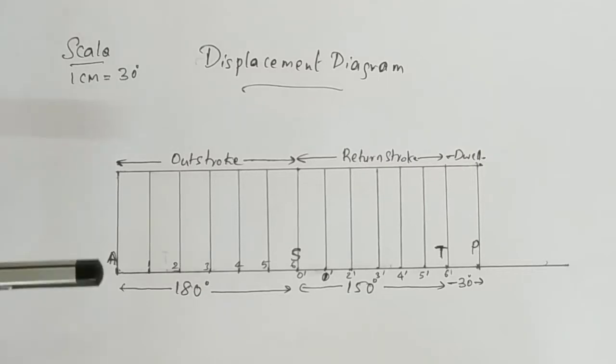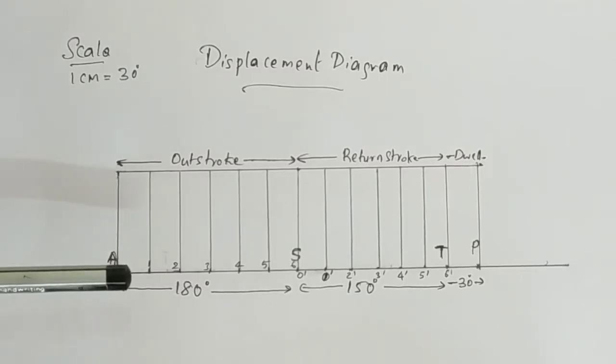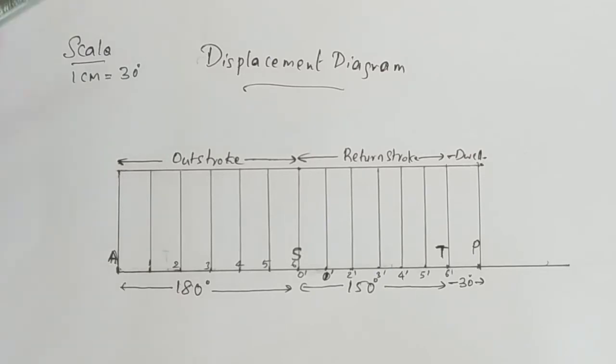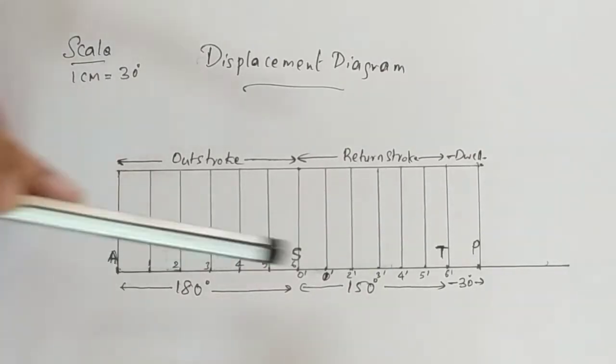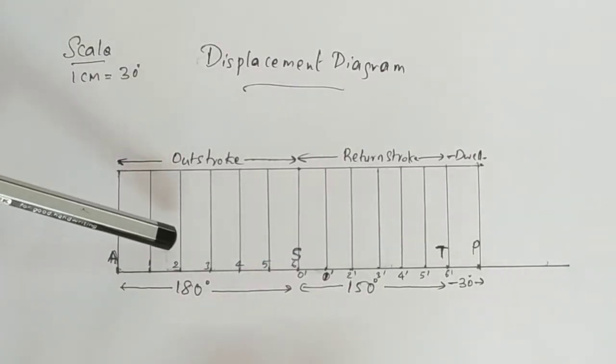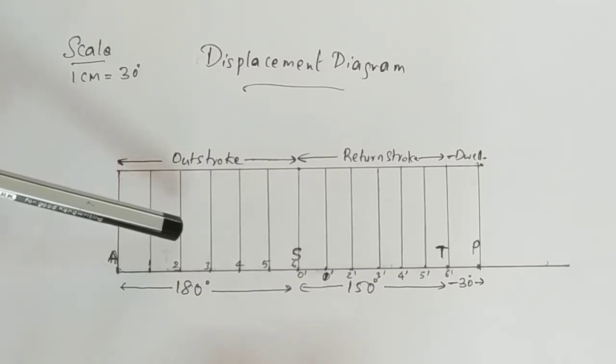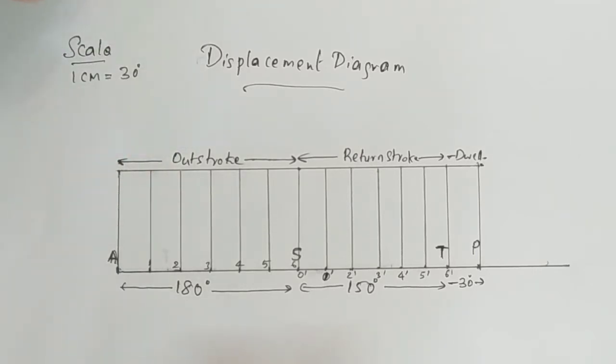Drawing 180 degree as 18 centimeter, or even 15 centimeter, will be very big. So what we will do is take a scale. We look for a common multiple among the 3 values. I think 30 will be a common value among all the measurements.